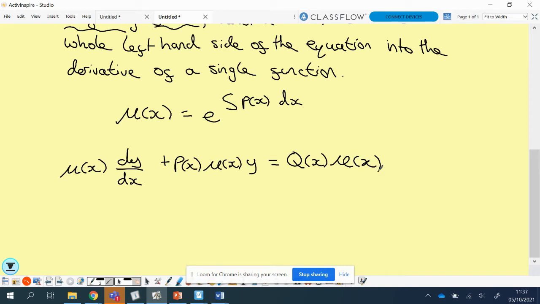Okay. And remember what I said, it becomes a derivative, doesn't it? There, up at the top, so therefore that becomes d by dx of mu of x y, okay, which equals mu of x q of x.